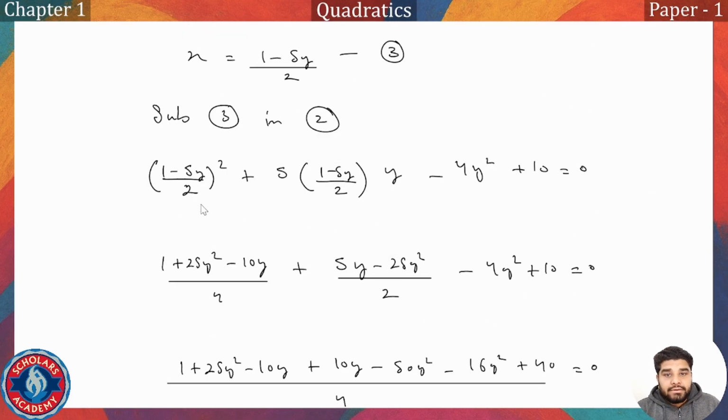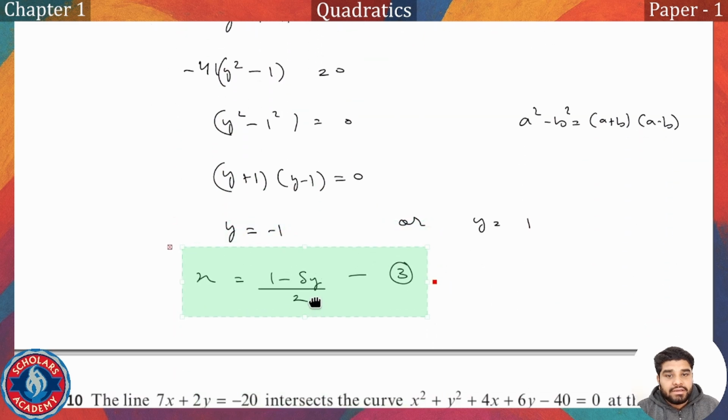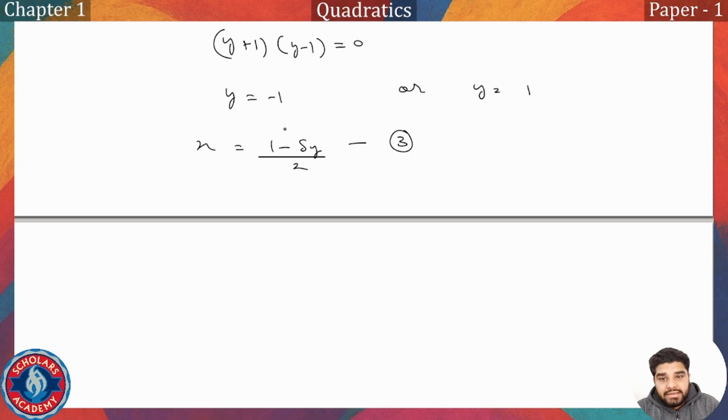And taking equation number 3, we can find the value of x from here. For y is equal to negative 1, x is equal to 1 plus 5 by 2, that is equal to 3.